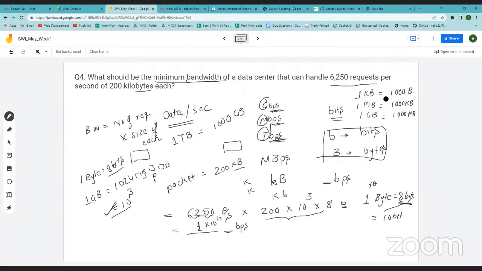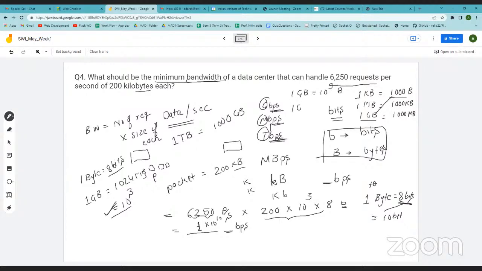So if I want to write bytes in the form of gigabytes, I'll check these: 1000 into 1000 into 1000. So 1 gigabyte equals 10 raised to power 9 bytes.